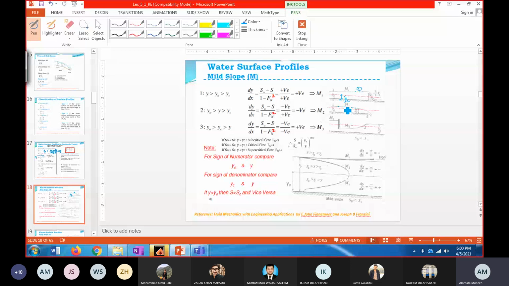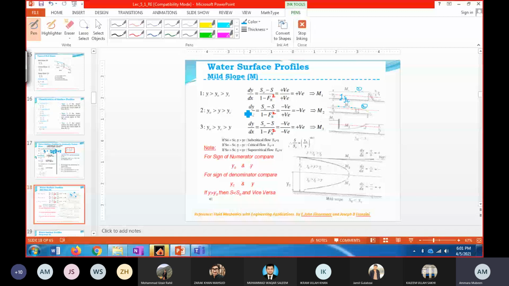If the depth of flow varies between y naught and yc, it means that it is in zone 2. Just check the signs of numerator and denominator using the criteria. So in case of M2 profile, y naught is greater than y, as it is in between y naught and yc. So y naught is greater than y and it is greater than yc.